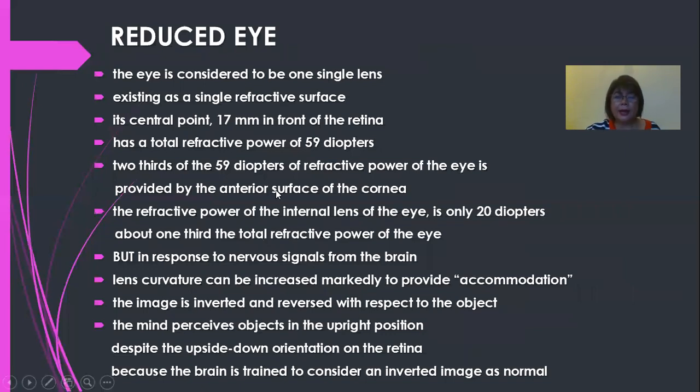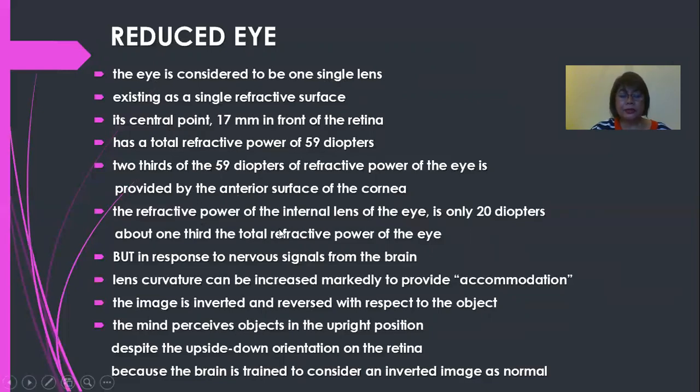The eye is called a reduced eye because it is considered as one single lens. It exists as a single refractive surface. Its central point is 17 millimeters in front of the retina, and it has a total refractive power of 59 diopters, as seen in the figure a while ago. 2/3 of these 59 diopters of refractive power of the eye is provided by the anterior surface of the cornea.